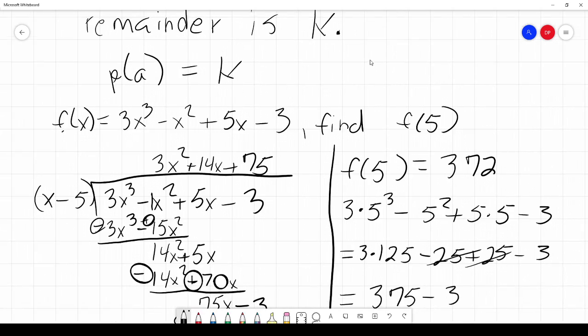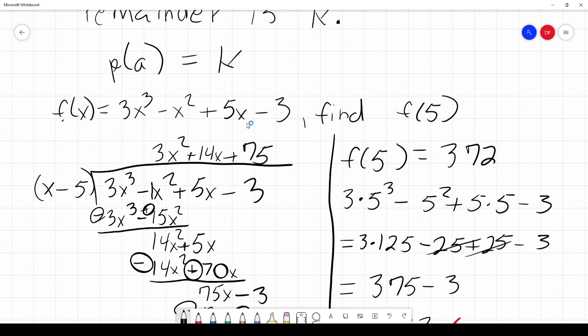So if I wanted to determine, okay, is x minus 5 a factor of this, I can just plug in 5 here, and if the answer isn't 0, that means it's not a factor.